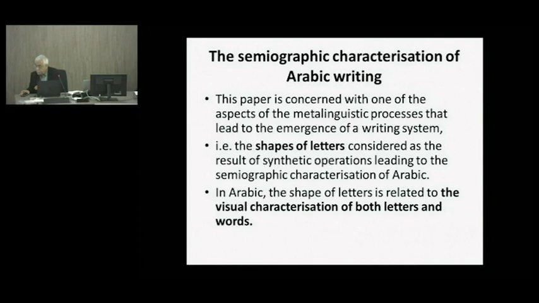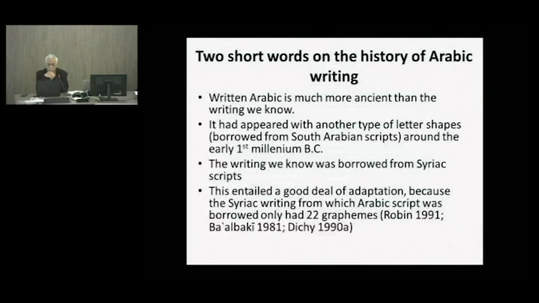I will say 2 very short words because this has been very well presented just before, and then just to recall that another type of letter shapes from South Arabian scripts appeared in the early first millennium before Christ.